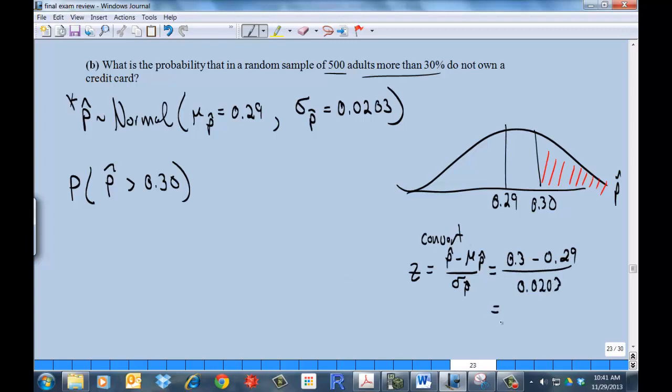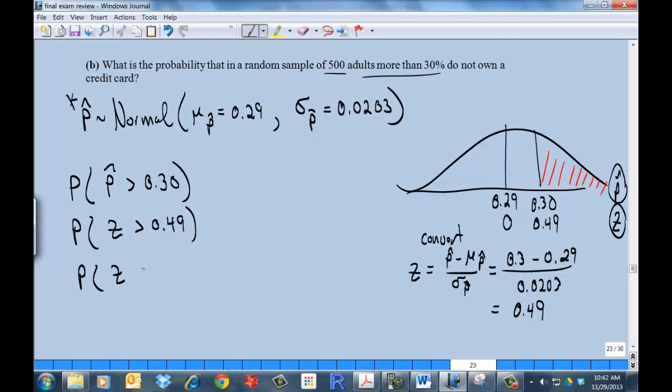And we get a z-score of 0.49. So what we've done is converted this non-standard normal into a standard normal with the mean of 0, and the 0.3 becomes a z-score of 0.49. So we get the probability that z is greater than 0.49. And then by symmetry we can say this is the same as the area to the left of minus 0.49.